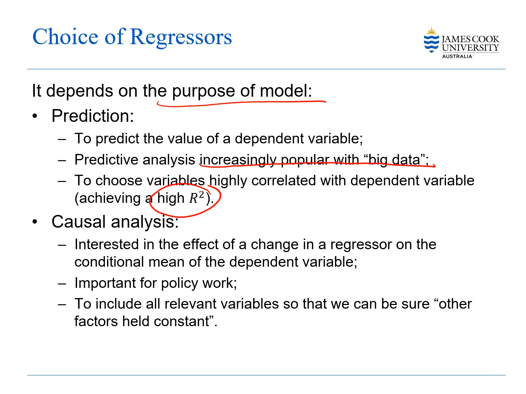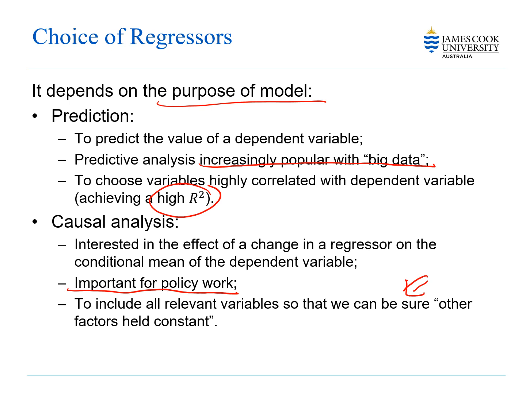So we want to look at causality, which goes from x to y. This is frequently used and is important for policy work, when we want to evaluate a particular policy. In such a case, it's important to include all relevant variables so that we can be sure that all the other factors are held constant.